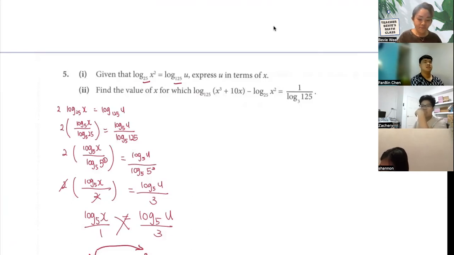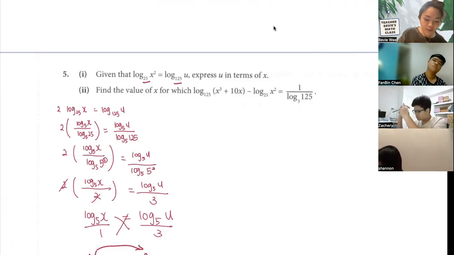Yeah. Is it got other topics into it? Is it got what? Got other topics merged into it? No. Purely logarithm. No other topics. Other topics like what? Maybe you can do it in a different method, I guess.